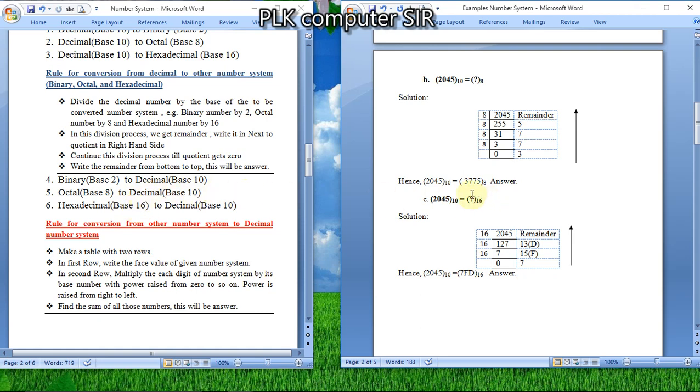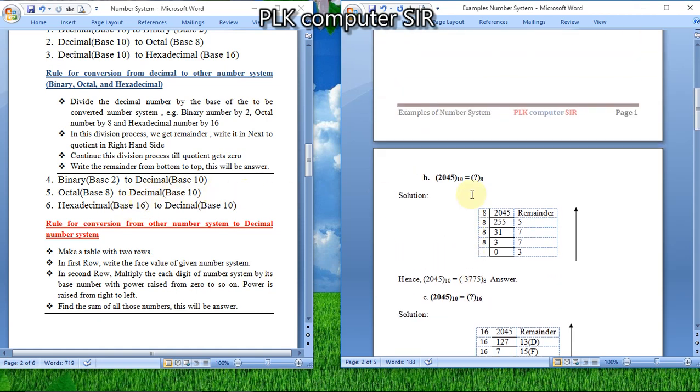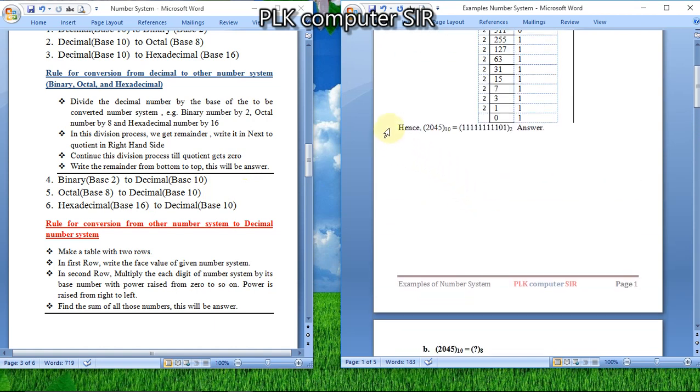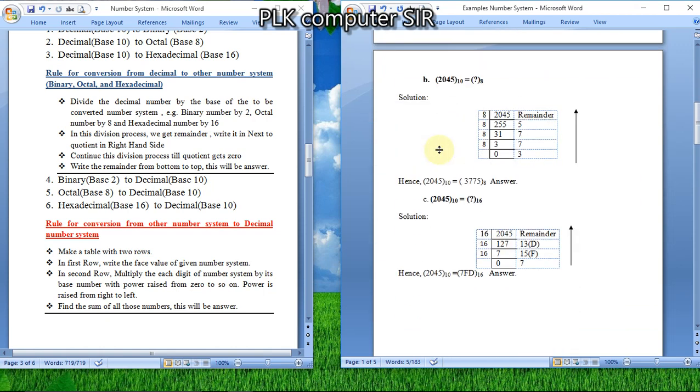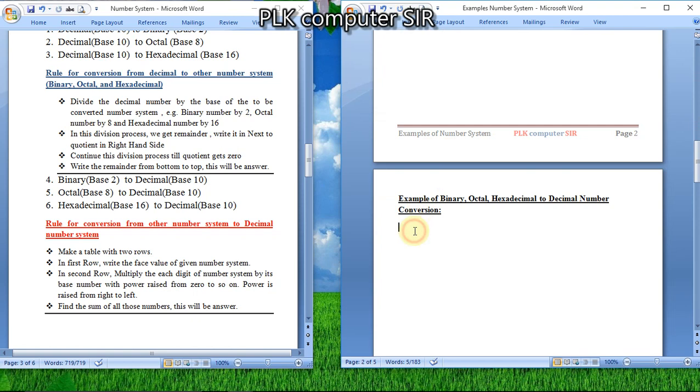So my dear students, now I will copy the same question. Now I will convert in the opposite direction, so the answer should be 2045. Let me copy the question here. So I am making this question A, and I have to convert it into decimal, so decimal base is 10.